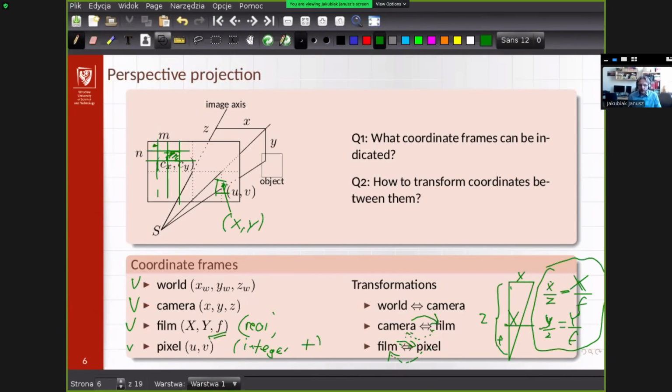And if you want to go from the beginning, from the pixel to the camera, you have this square at an unknown distance. So a single pixel, let's say in this position, can be a bigger square in that position, and so on, and even bigger when you go further.